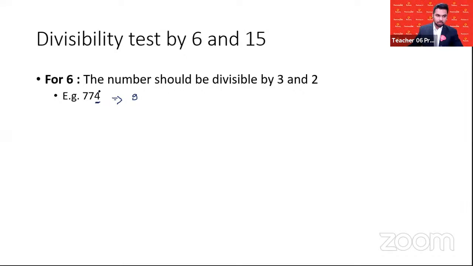An extension of this would check for divisibility by 6. The only additional thing you have to do is to check whether the number is even as well. So if the number is divisible by 3 and the number is even, then it is going to be divisible by 6.